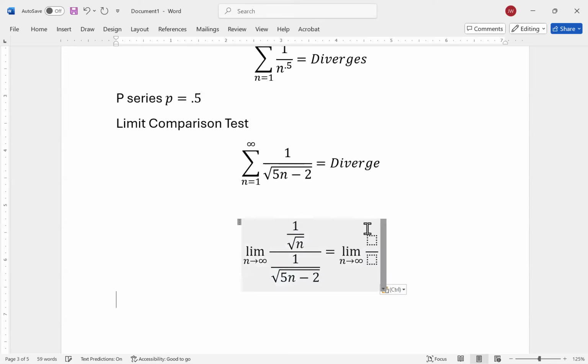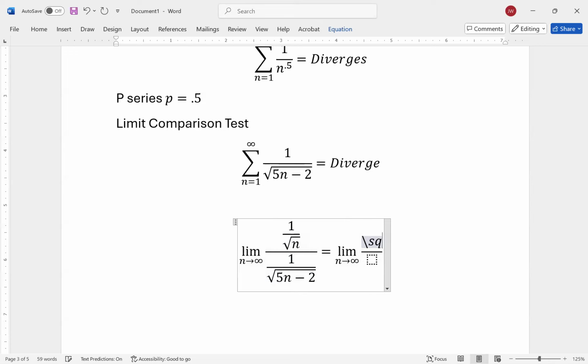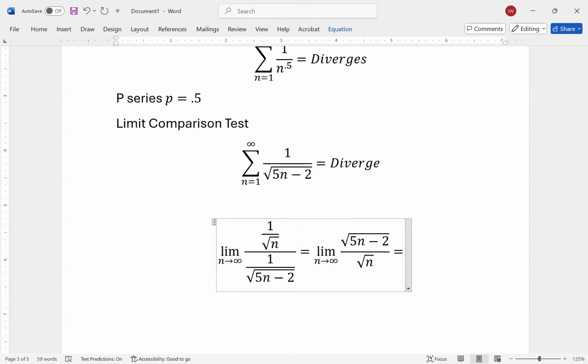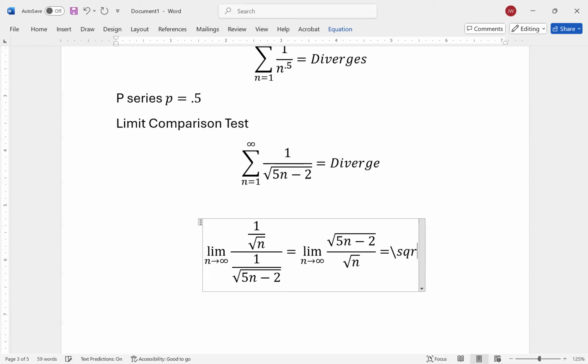If I flip and multiply, I'm going to get the square root of 5n minus 2 divided by the square root of n. Take the limit of that, and basically you get the square root of 5.